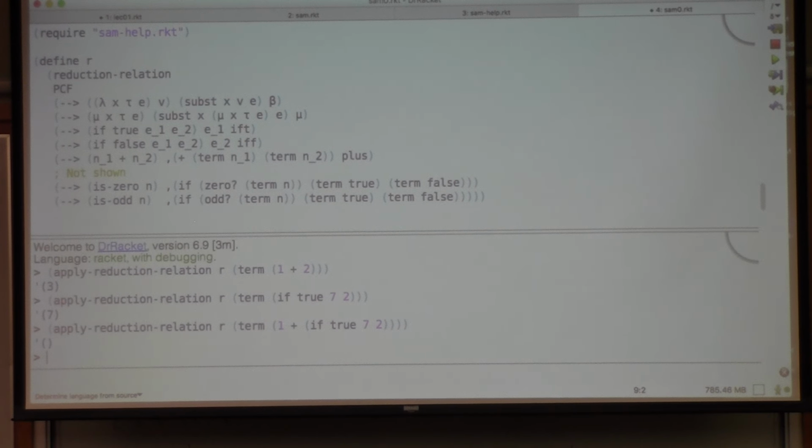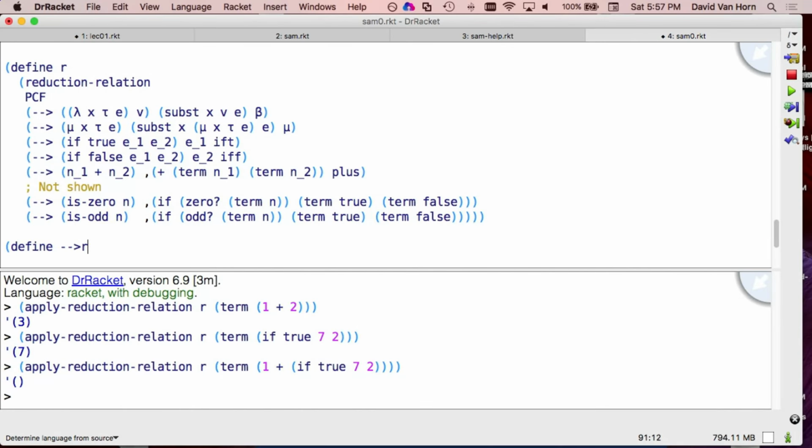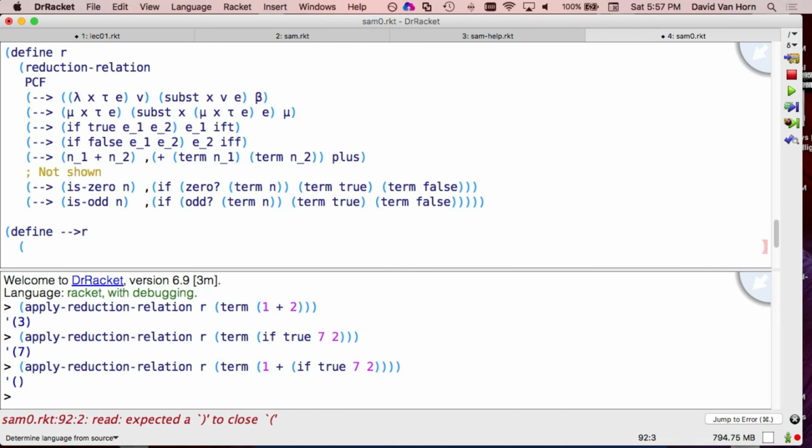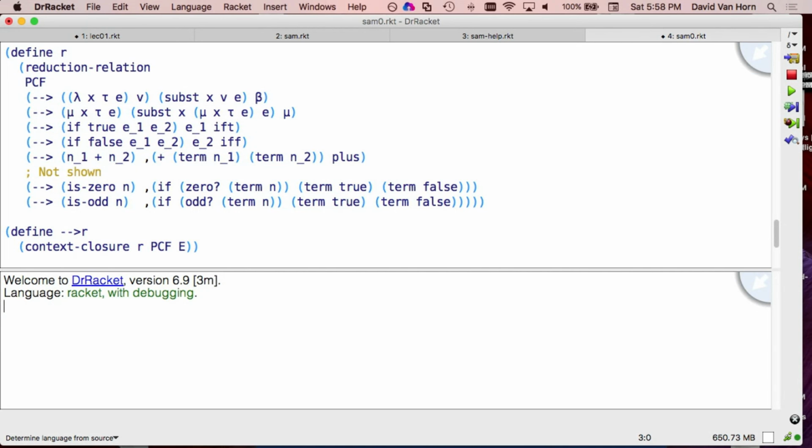So we need another relation. I'm going to call it arrow R, and I'll show you how we can do this. I always forget what the order of arguments is here. I think it's R PCF E. So let me just try this.